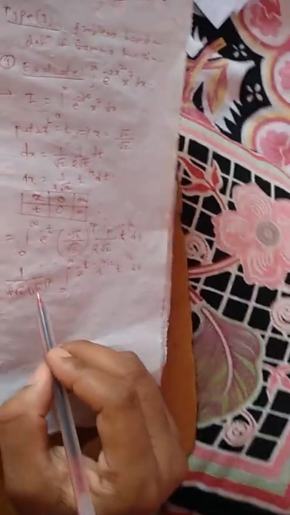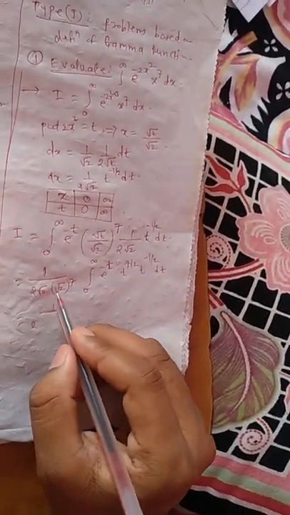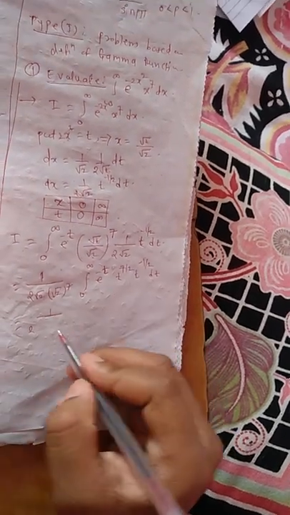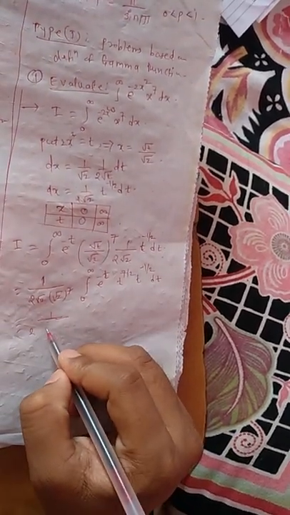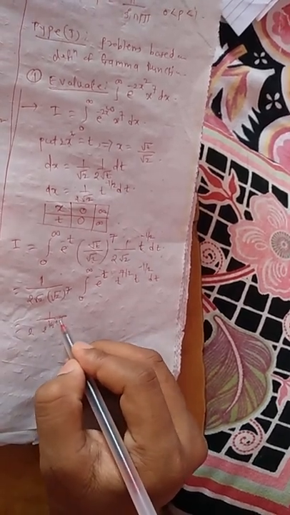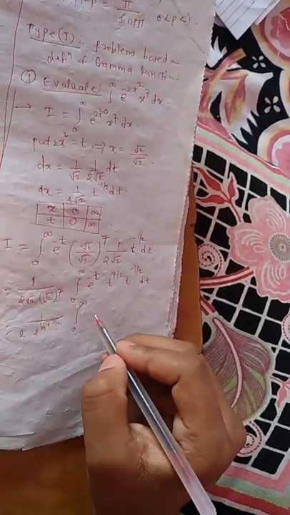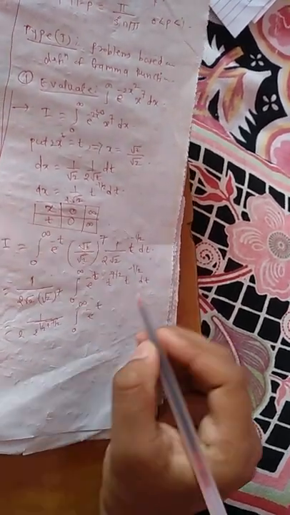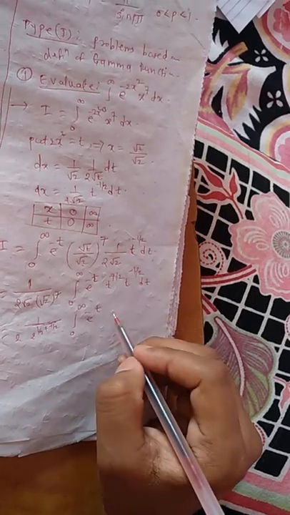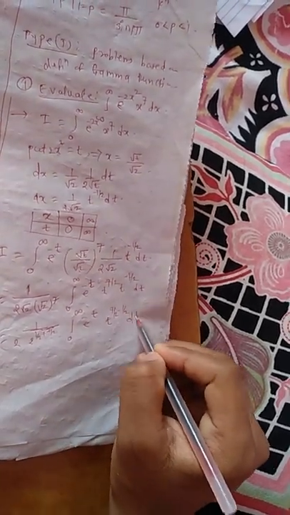Simplifying again, this is 1 upon 2 into root 2 to the power 7, that is 2 raised to 1 by 2 plus 7 by 2. Laws of indices, integration 0 to infinity e raised to minus t, t to the power 7 by 2 minus 1 by 2 dt.